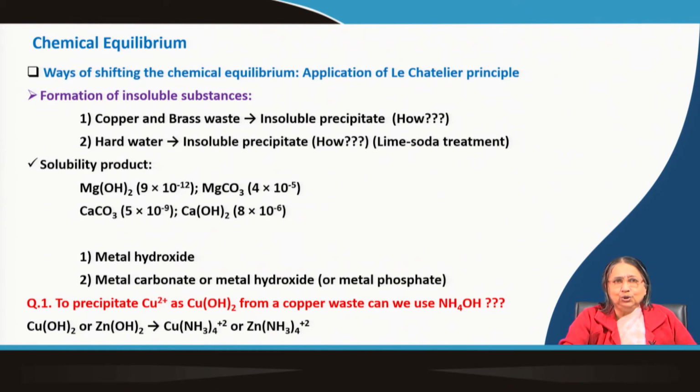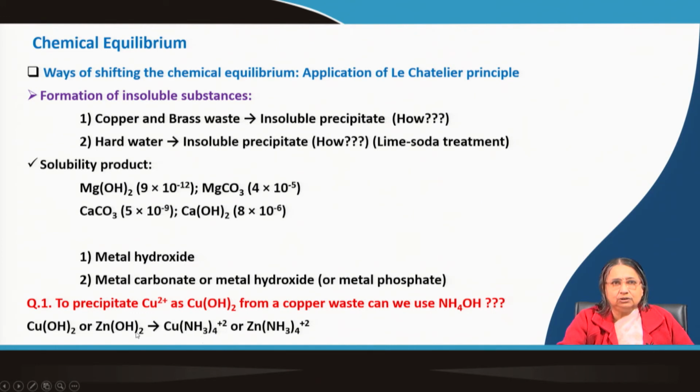The answer is no. Why is it no? Because ammonia at the same time is a complexing agent. If we use ammonium hydroxide to precipitate copper hydroxide, then this copper hydroxide will not be formed, but instead it will form the cuprammine complex, Cu(NH3)4 2+, this complex.